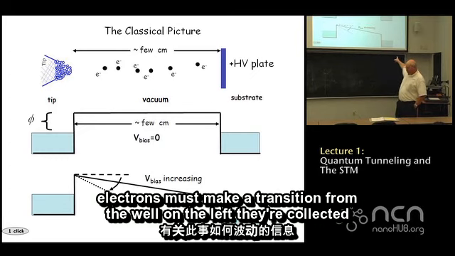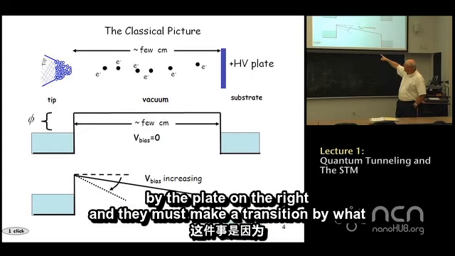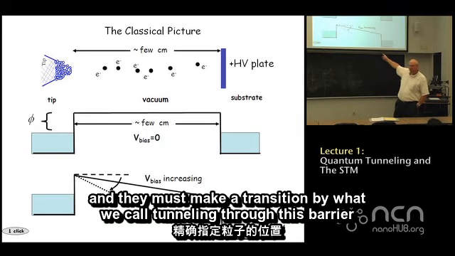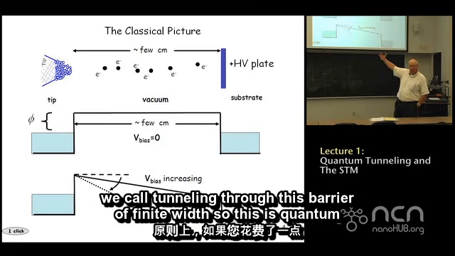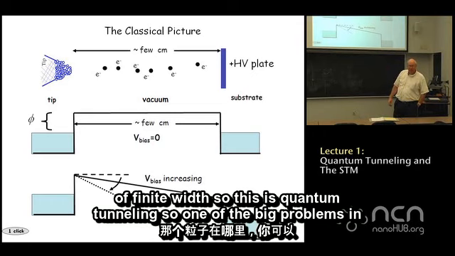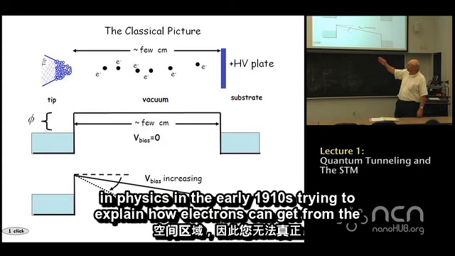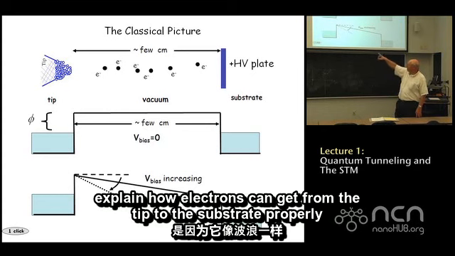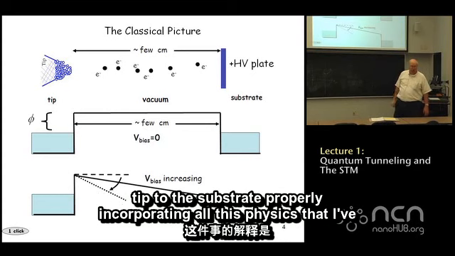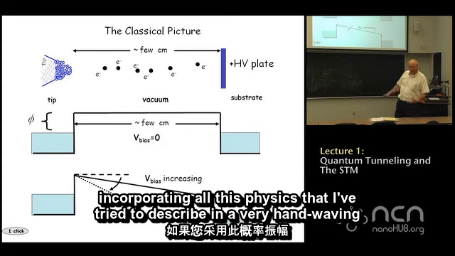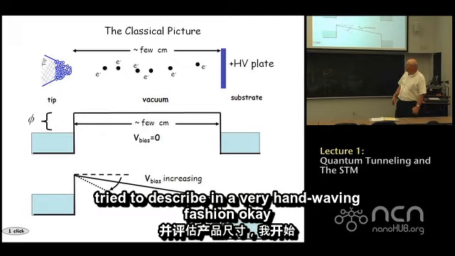They're collected by the plate on the right, and they must make a transition by what we call tunneling through this barrier of finite width. So this is quantum tunneling. This was one of the big problems in physics in the early 1910s, trying to explain how electrons can get from the tip to the substrate, properly incorporating all this physics that I've tried to describe in a very hand-waving fashion. Okay?